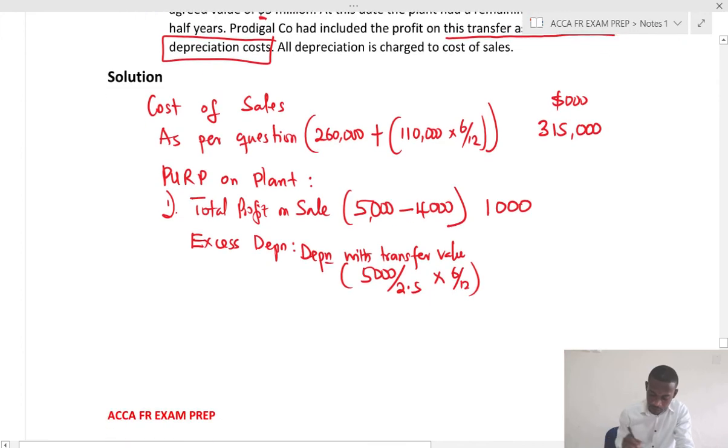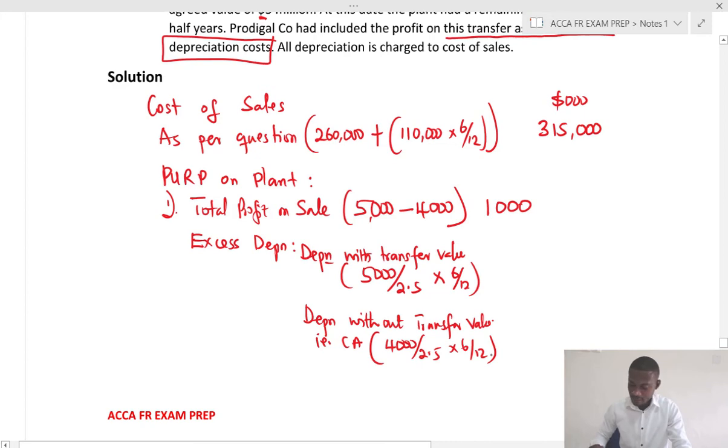Then I'll do another one, depreciation without transfer, that is to say, I'm considering the carrying amount. So that would be 4,000 divided by 2.5 times 6 over 12. Let's check: 5,000 divided by 2.5, times 6 divided by 12, gives us 1,000.